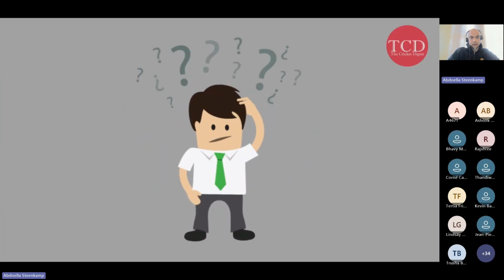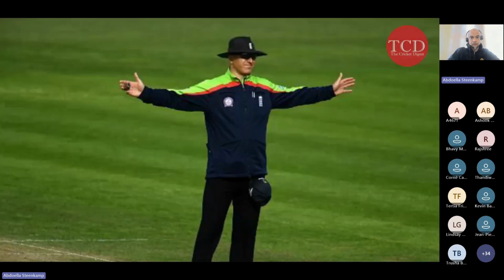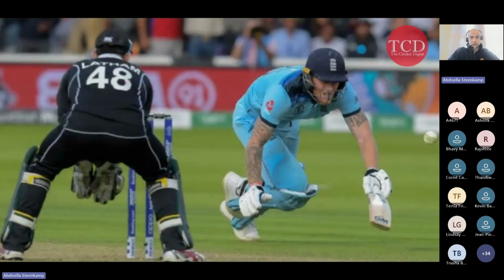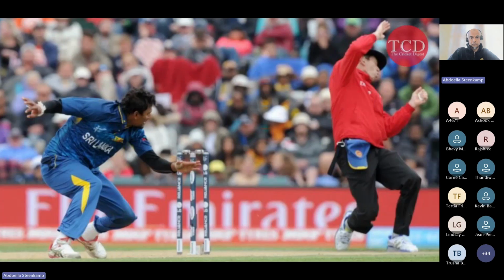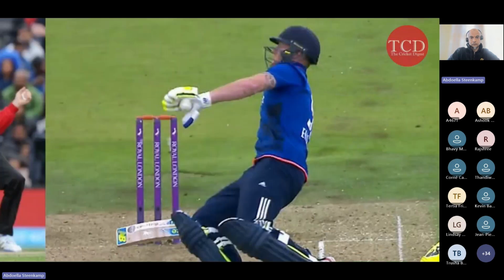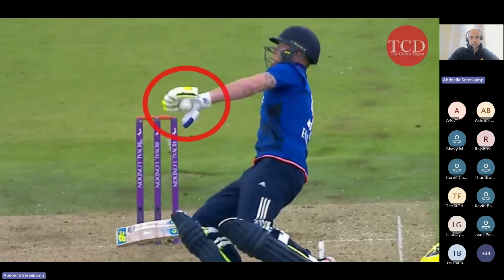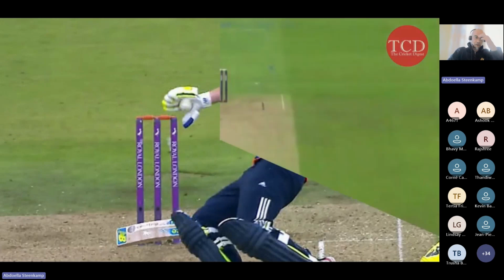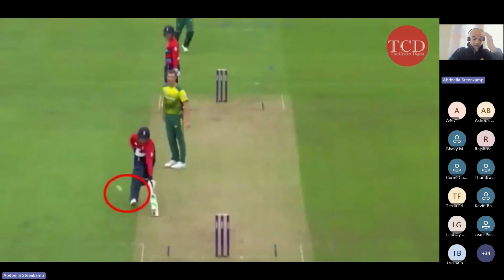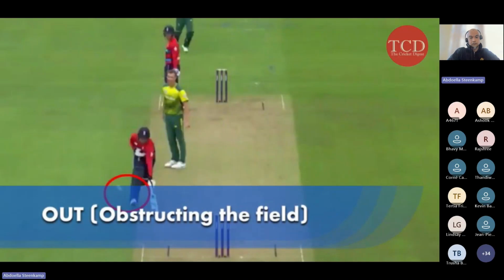The point to be considered here is that everyone in the field, including the batsman and the umpires, is considered part of the play, and the fielding side has to take this into consideration. Hence, the ball getting deflected from either a batsman or an umpire will not be called a dead ball. However, if a batsman makes deliberate contact with the ball, or if he deliberately comes in the way of a throw, then the ball will be immediately called dead and the batsman will be given out, obstructing the field.